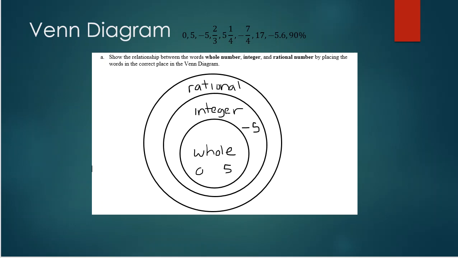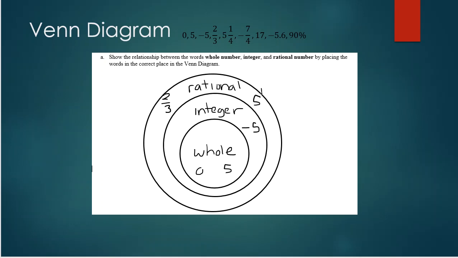Okay, the fraction 2/3, I'm going to put that in only the rational number circle. It's a fraction, okay? Integers and whole numbers are not fractions. 2/3 is a fraction, so it would only be classified as a rational number.